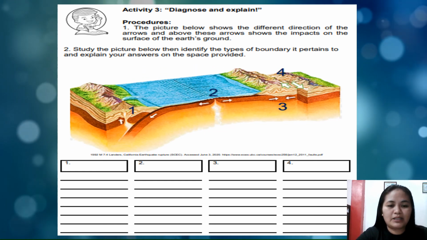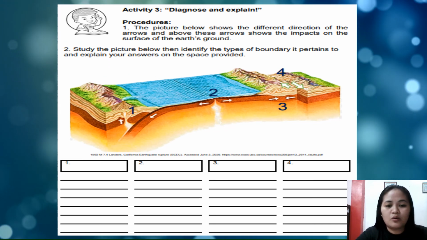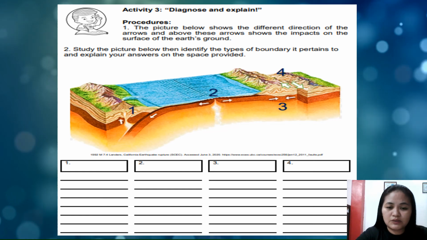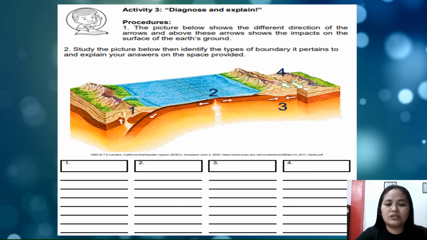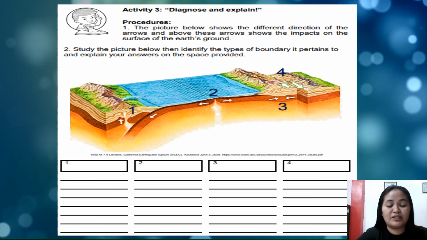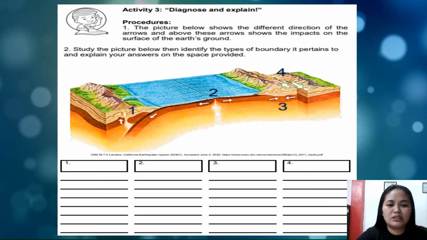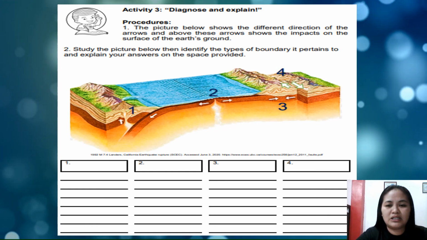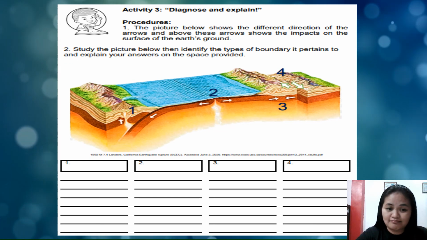You will explain why did you answer divergent, for example. Why did you answer transform? Why did you answer divergent? Why did you answer convergent again? Something like that. So how will you explain? You will just explain what you can see in this picture and what made you answer that.